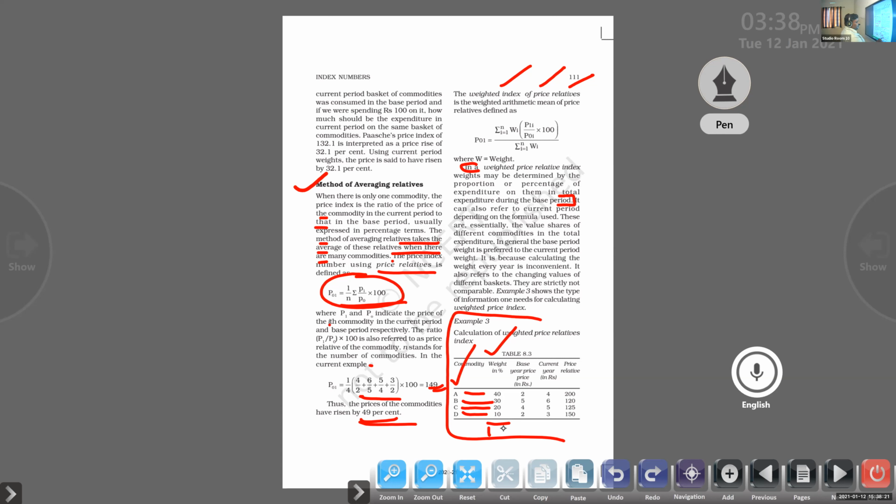Then the base year price and the current year price of each commodity: 2, 4, 5 and 6, 4 and 5, 2 and 3.